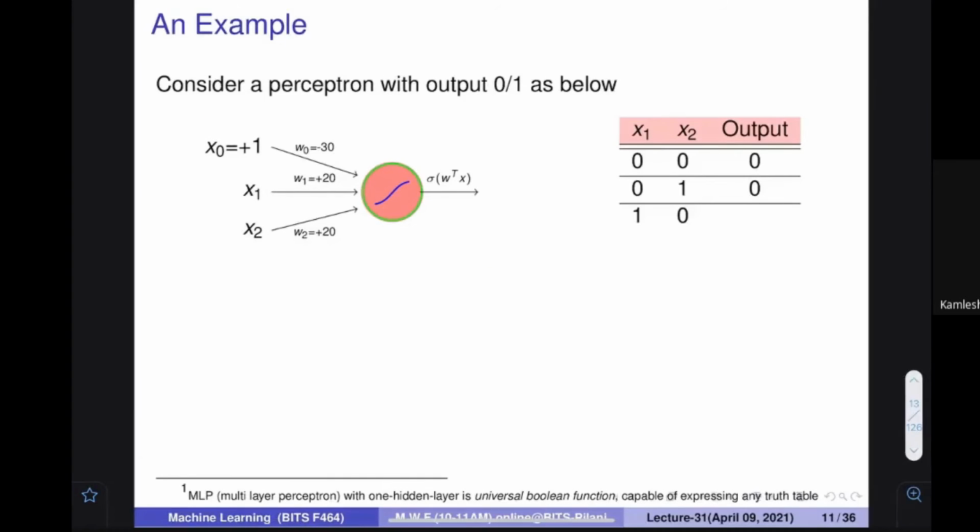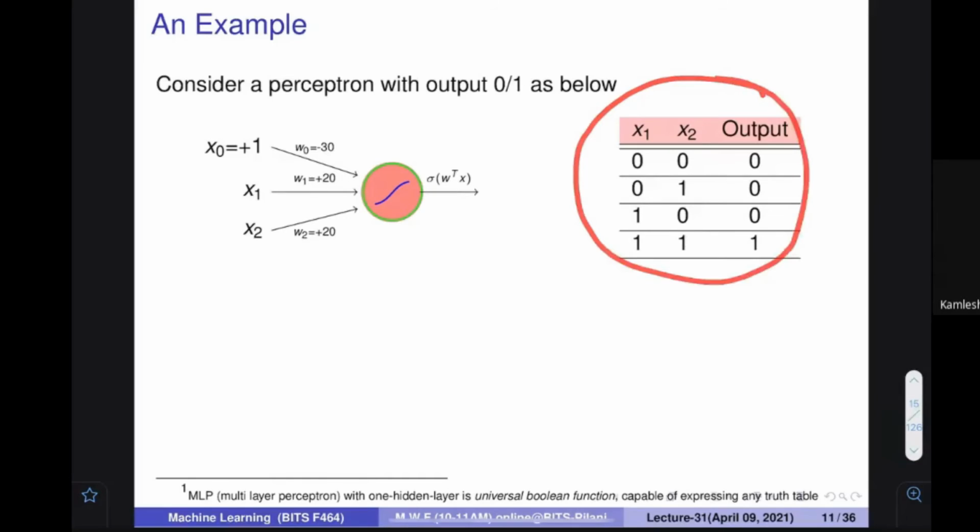So what about 1, 0? It is again going to be 0. What about 1, 1? It is 1, because minus 30 plus 20 plus 20 becomes 10, and 10 is greater than 0. Therefore, the output is 1. Okay, so can you see this particular table?